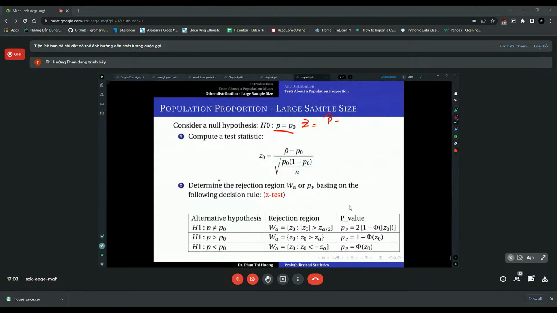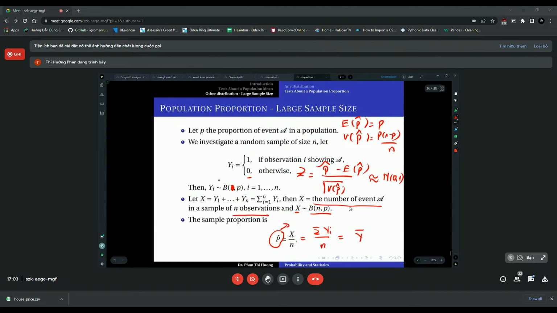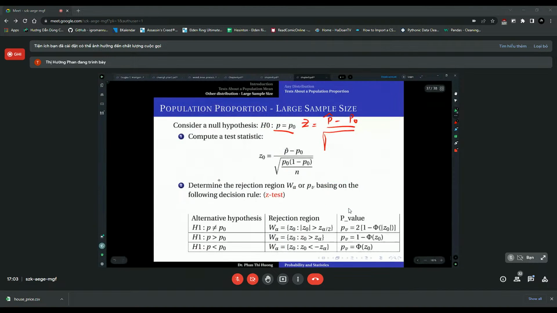So I plug in p0 over the square root of the variance we found here. The variance of p hat is p(1 minus p) over n, and p equals p0. So we plug in p equals p0, and we have p0(1 minus p0) over n.